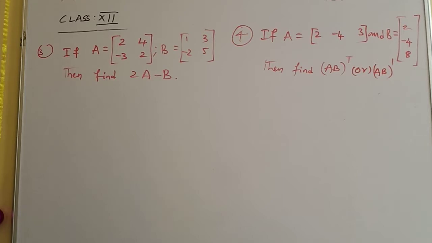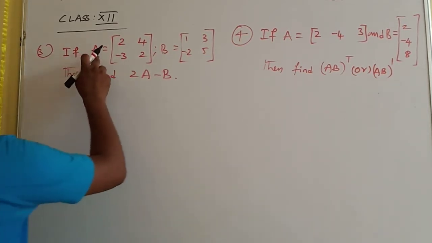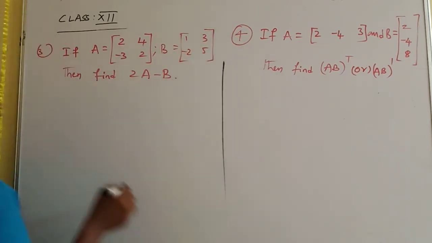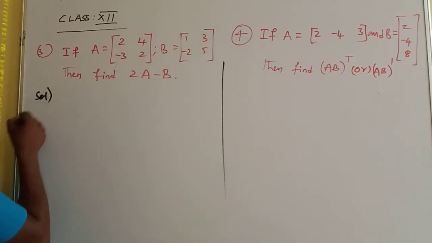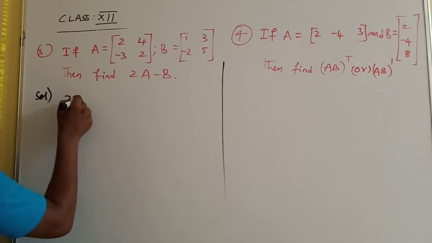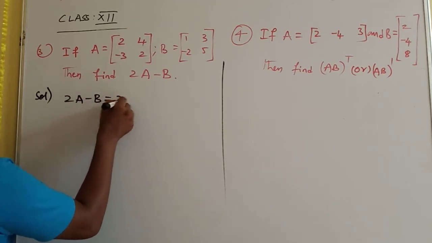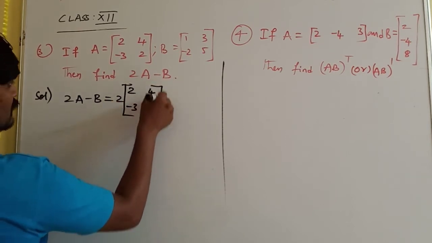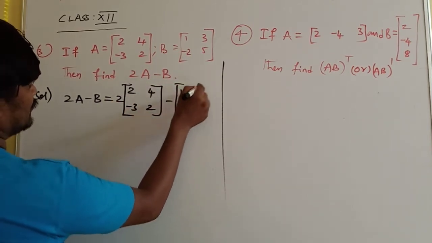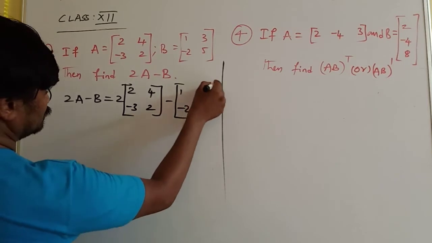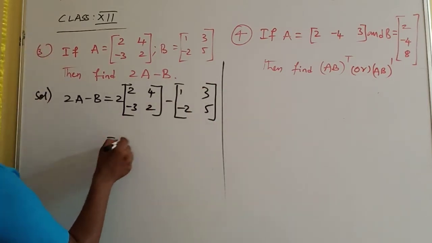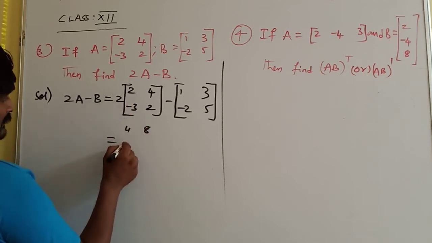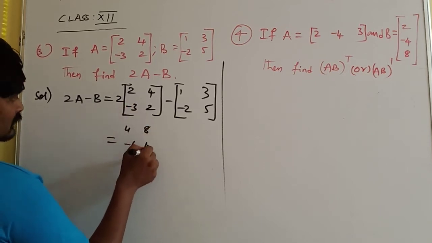Alright, let's move on to the third question. A is given, B is given, then find 2A minus B. This is again a very simple question. So 2A minus B: 2 into A, which is [2, 4; -3, 2], minus B, which is [1, 3; -2, 5]. Now multiply with the 2: 2 2s are 4, 2 4s are 8, 2 3s are minus 6, 2 2s are 4.